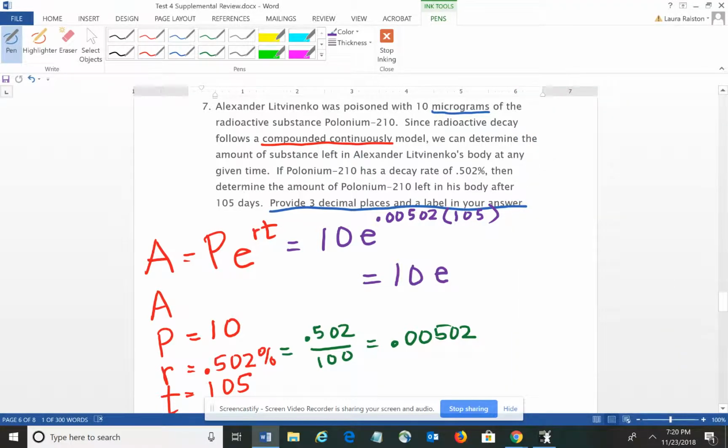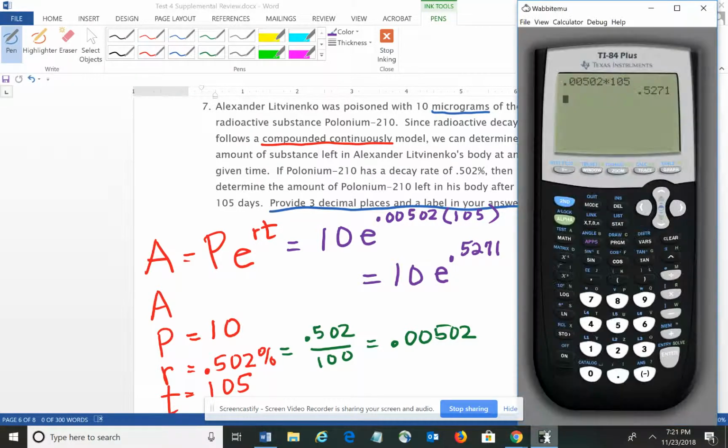So we would have 10 times e raised to the 0.5271.